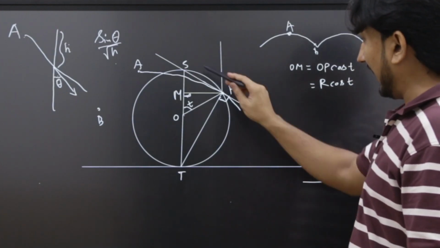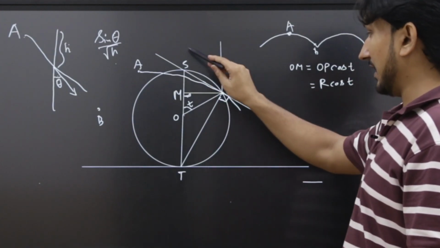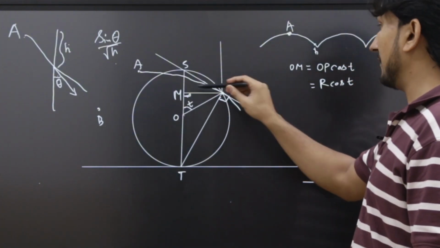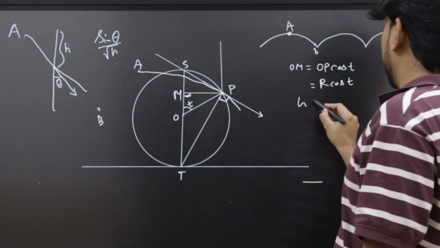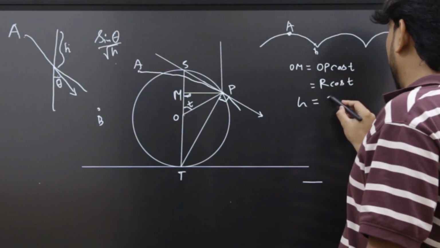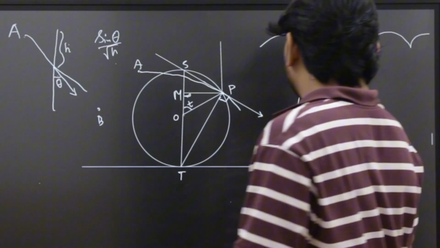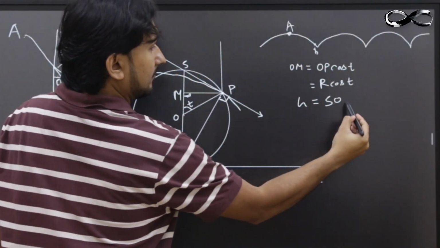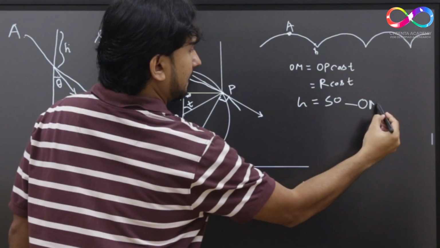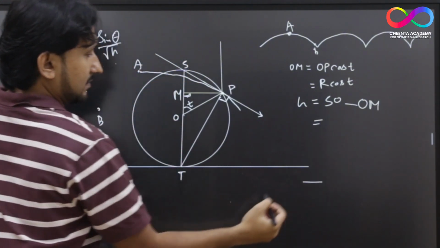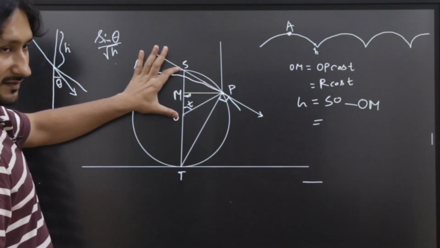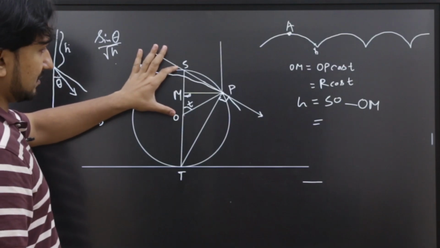Therefore, H is SM, which is SO minus OM. So H is equal to SO minus OM, and as you can see, SO is the radius of the circle.